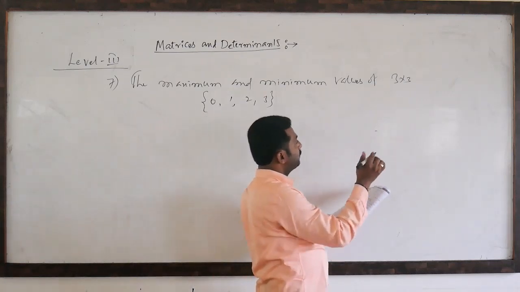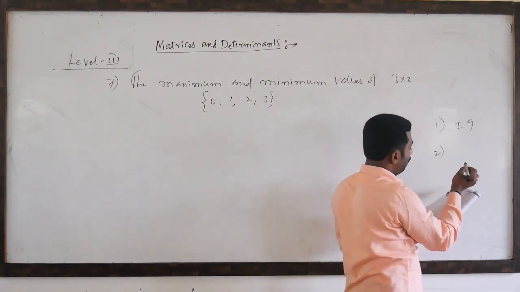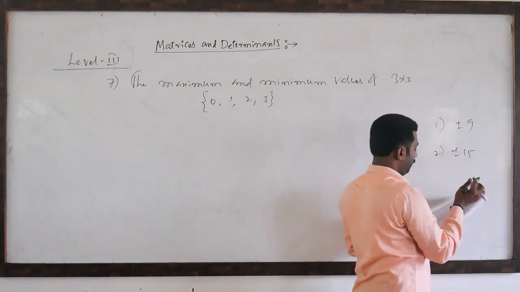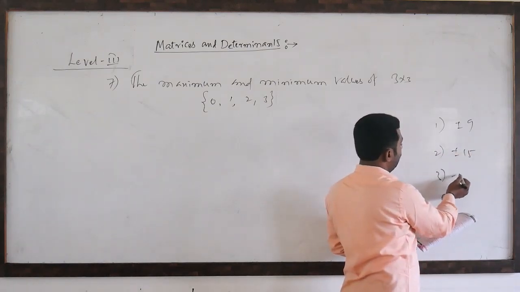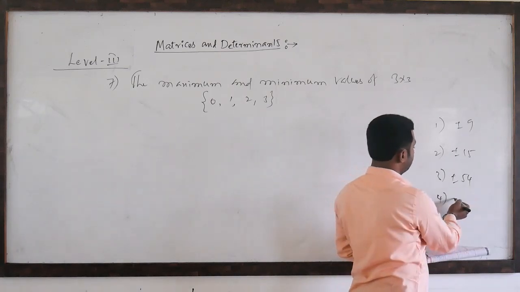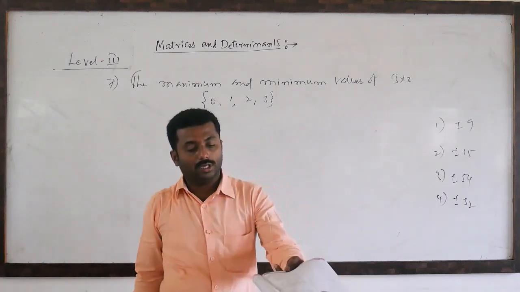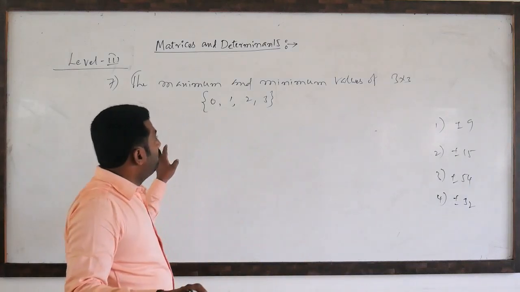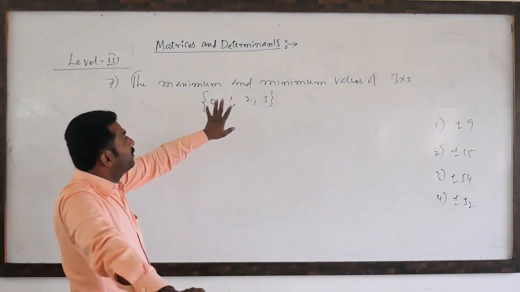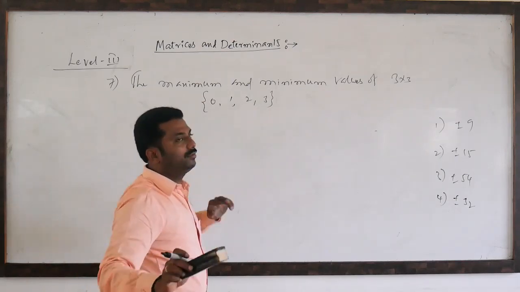Options I will write first: plus or minus 9, plus or minus 15, plus or minus 54, plus or minus 32. Maximum and minimum values of the 3 by 3 matrix determinant whose elements are 0, 1, 2, 3.